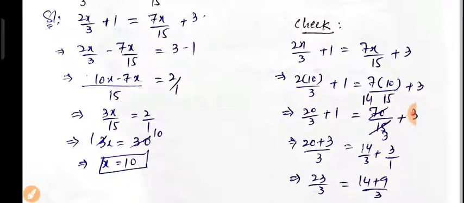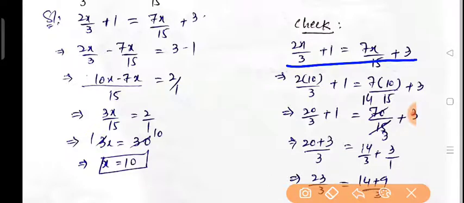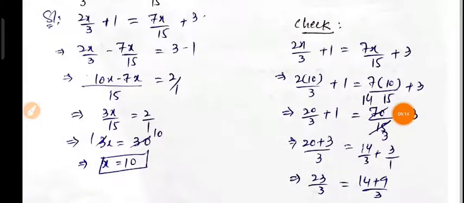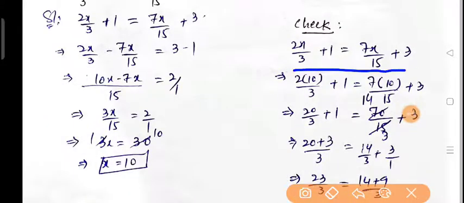Now we have to check our solution, whether our solution is true or false. We will first write the given equation, that is 2x by 3 plus 1 equal to 7x by 15 plus 3.